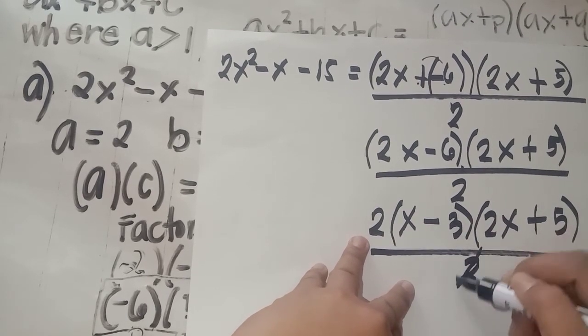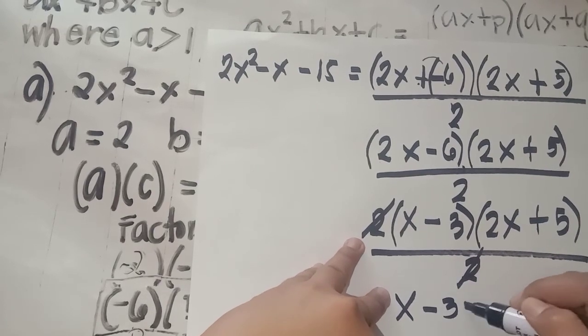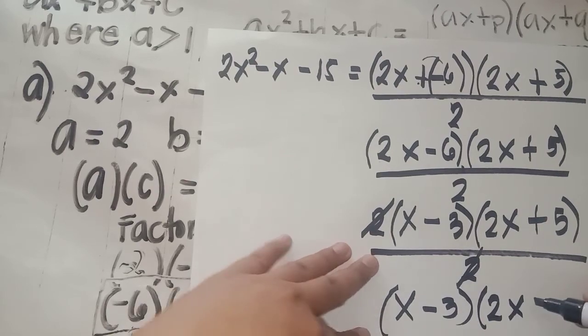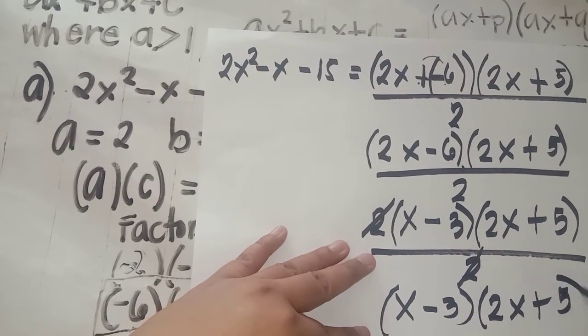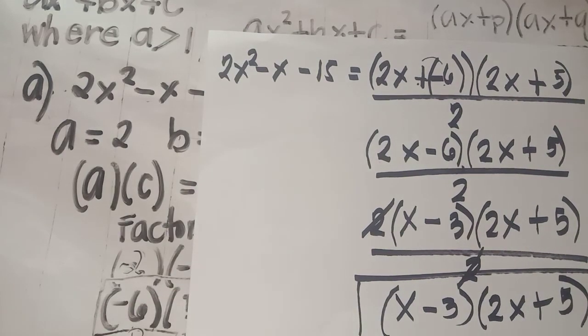We can now cancel out 2, so what remains is the quantity of x minus 3 times the quantity of 2x plus 5. That is our factor.